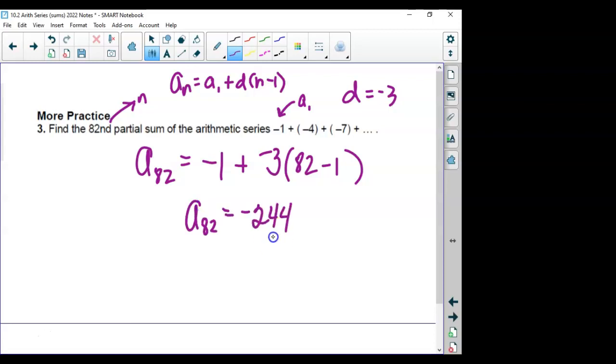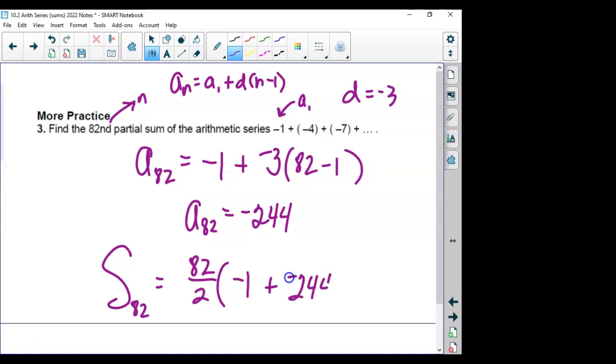Okay. And so now how do we find the sum? Somebody? 82 over 2 times, yep, -1 plus negative 244. I didn't explain why this works, and it's really kind of cool.